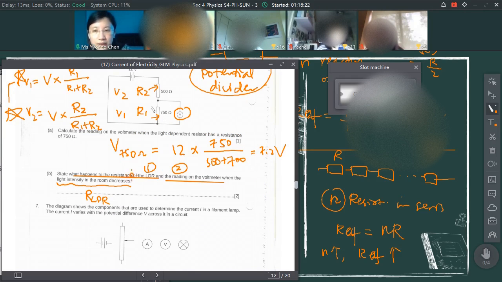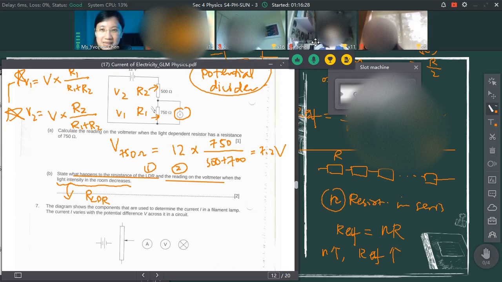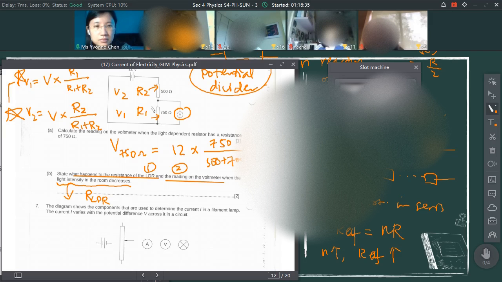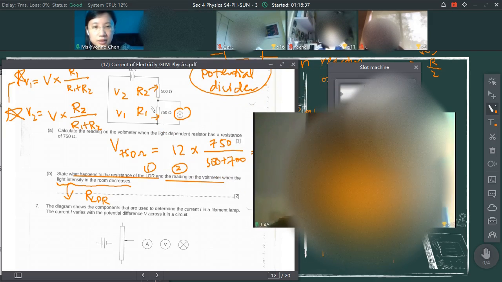It becomes darker, intensity decreases. For the LDR, if the light intensity of the room decreases, what happened to the resistance of it? Does it increase or decrease? Jonathan, please.